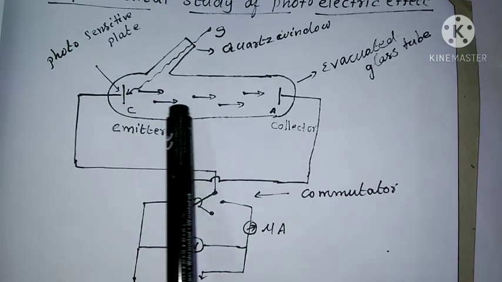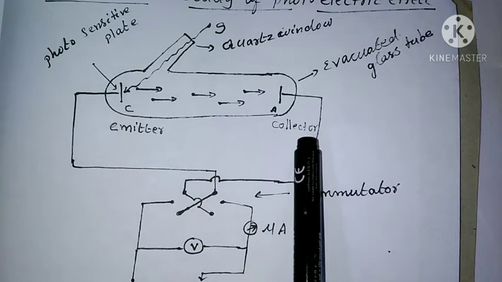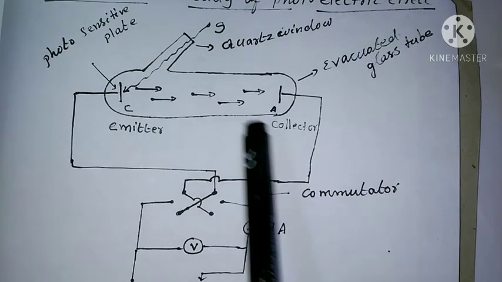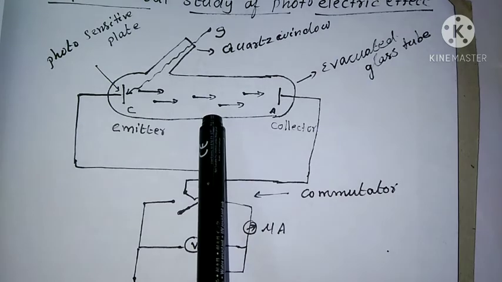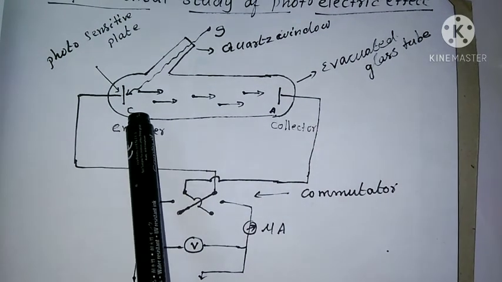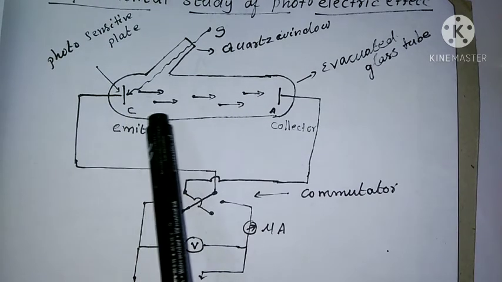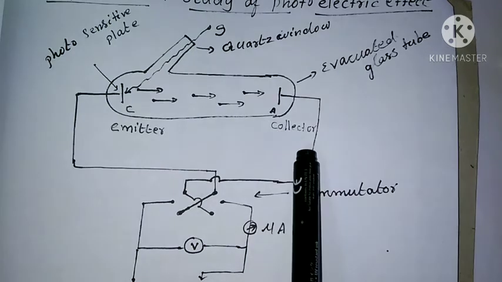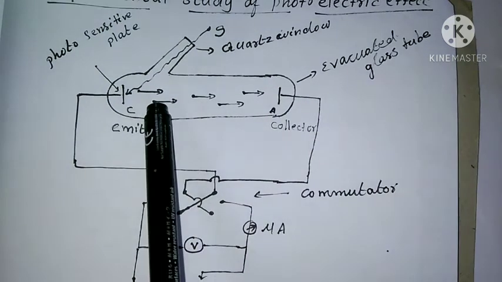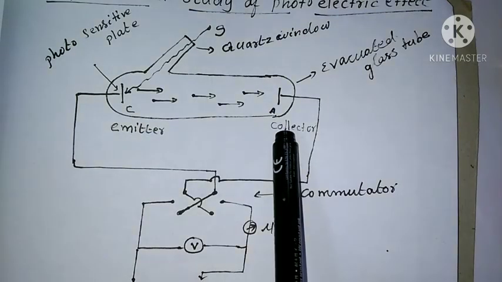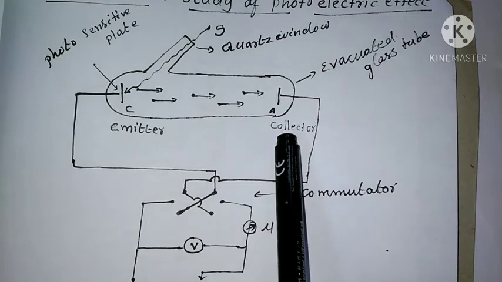When no electrons are emitted, the work done by the stopping potential on the fastest electron must be equal to its kinetic energy. The most energetic electrons are emitted from the emitter and head toward the collector. At the stopping potential, the kinetic energy of these electrons equals the work done by the negative potential.